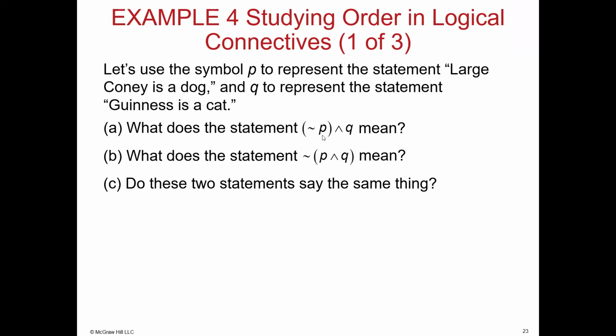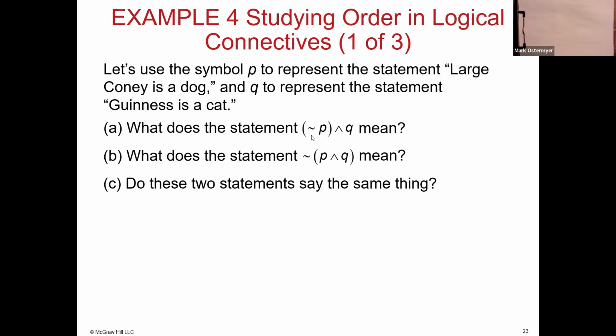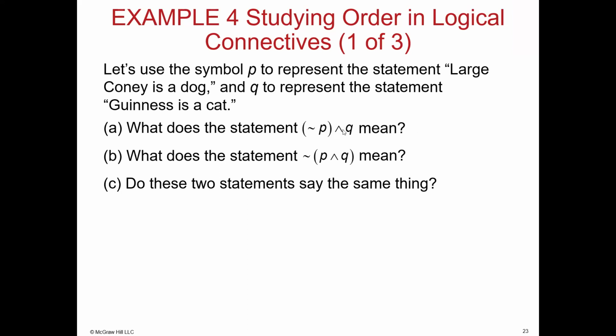That large coney is not a dog. Yes, you're negating statement P, so that means large coney is not a dog. And what is this connective symbol? What word does that represent? And. Yeah, that's and.